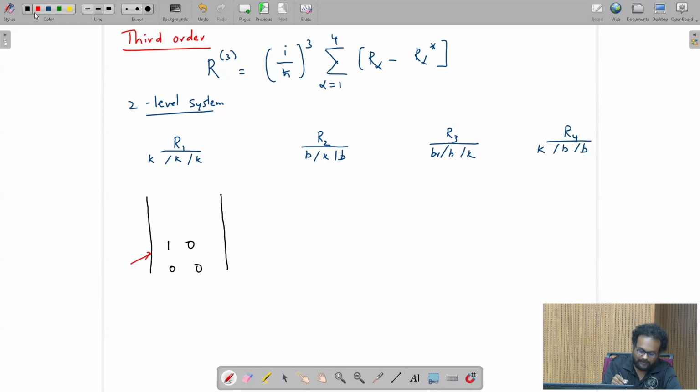So if I want to act in that direction, it has to be an emission. So this becomes 0, 0. Now I can come back here. This becomes 1, 0. And this is what will emit.